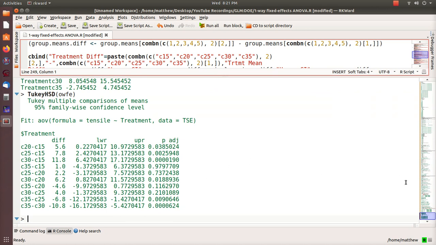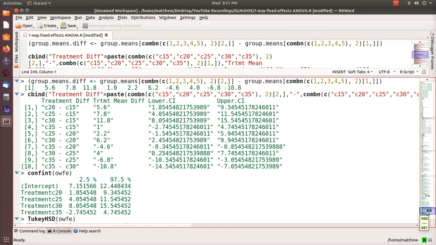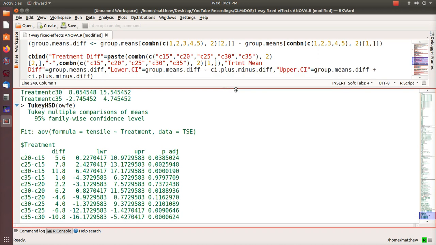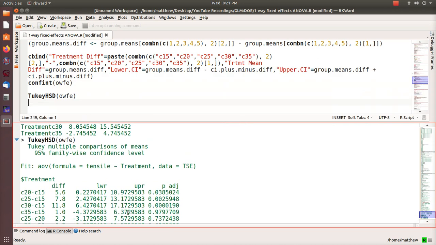And if you were to compare these to what we calculated here, ours are just a little bit narrower because they're not adjusted for multiple comparisons. These are all just a little bit wider, but very, very similar. And then it gives you a p-value associated with each of these. And we may talk about this in a later video.